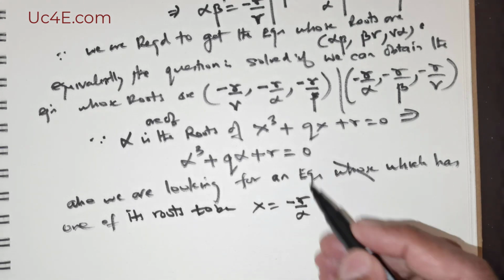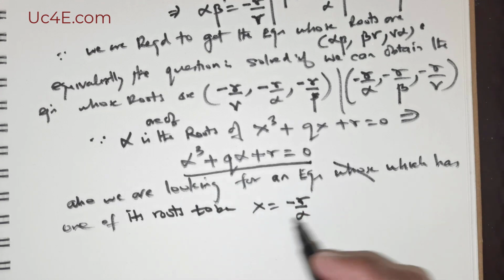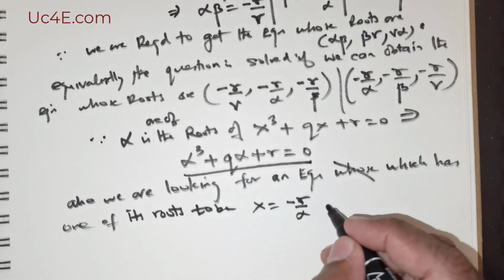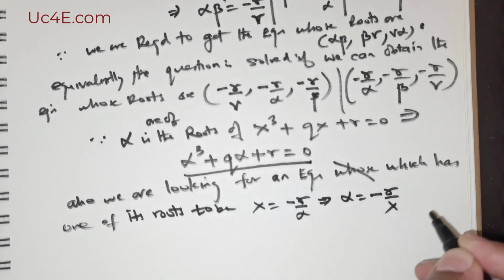So I'm going to be using this and this. So this would mean alpha is equal to negative r over x.